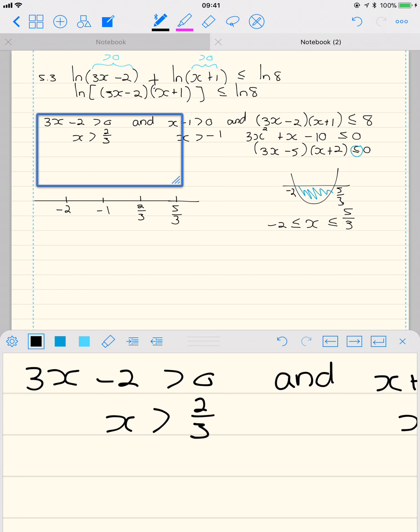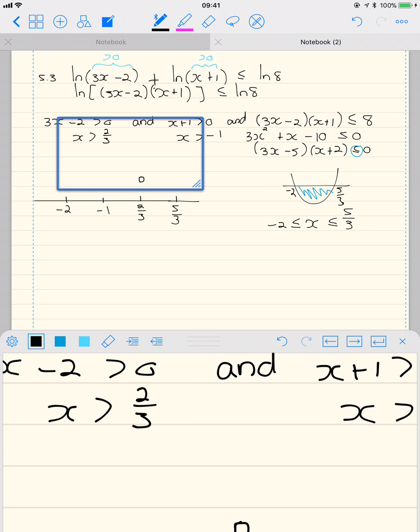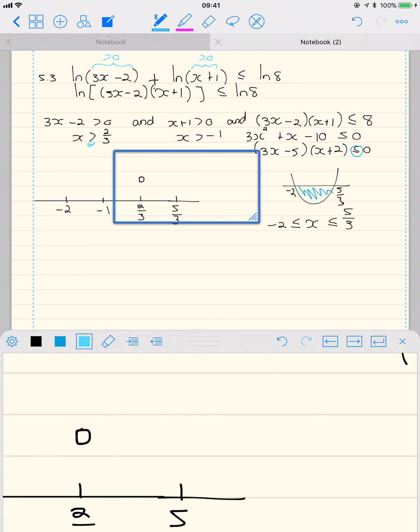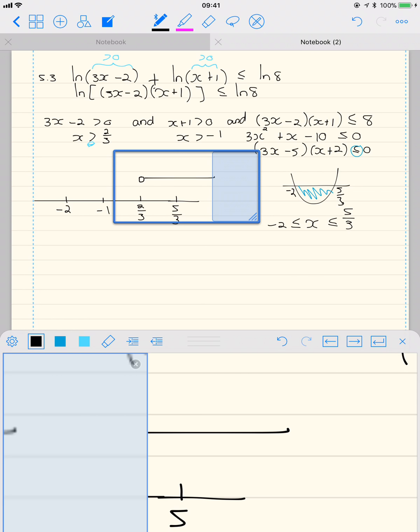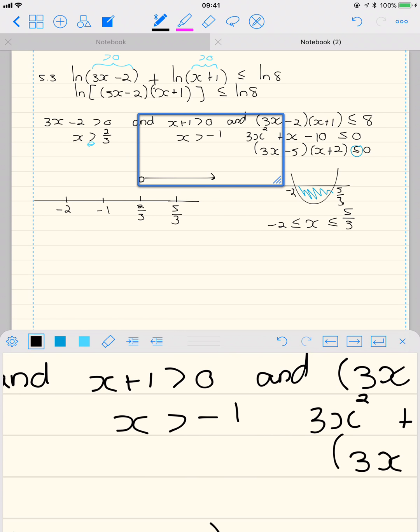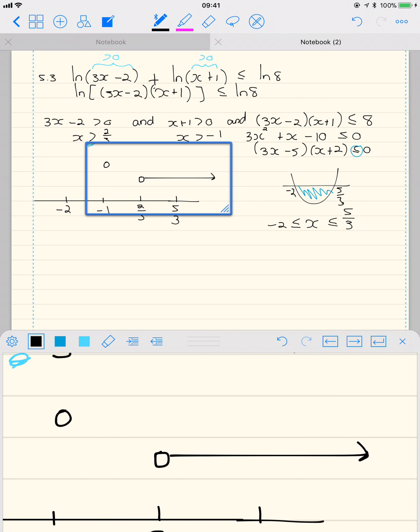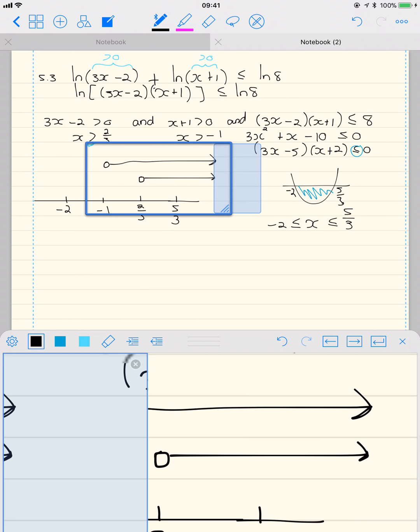X must be larger than 2 over 3, but excluding 2 over 3 because of the sign over here. So it carries on to infinity that way. Then we look at this one. It must be larger than minus 1. So we have an open circle carrying on to infinity.